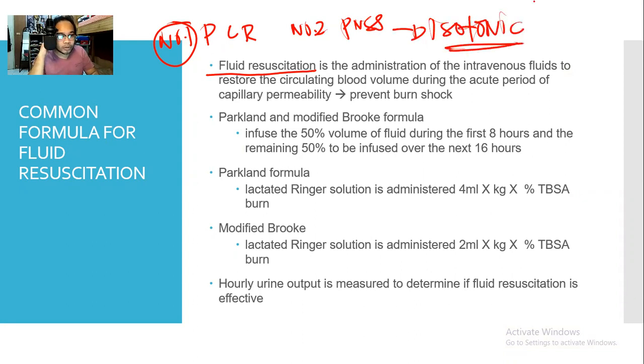Most of the time, hindi na magbibigay ng hypotonic kasi masisira ang inyong cells. Mabilis ang pag-shift ng fluids from the extracellular going to your intracellular, and that's not what we're after. Remember that your isotonic is a volume expander as well.